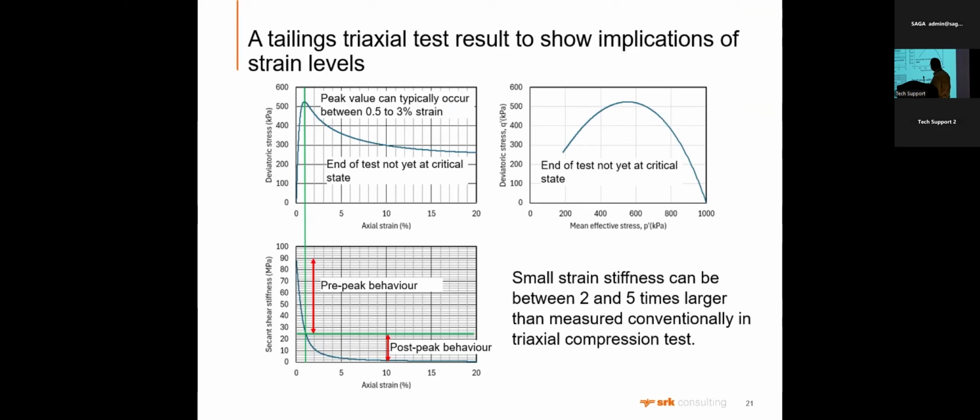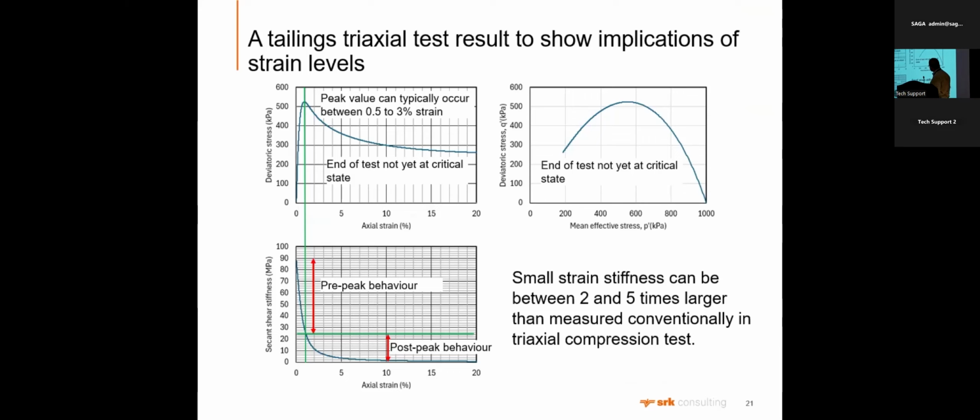Now, the peak value of strength occurs between 0.5 and 3% strain. In this particular test, we've not yet reached steady state conditions, which will probably only be reached at about 30%. But before that time, something would have gone wrong.